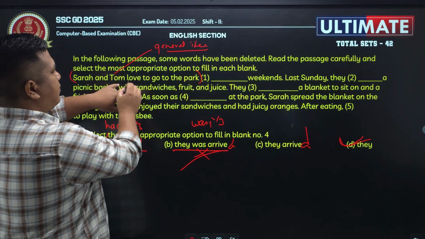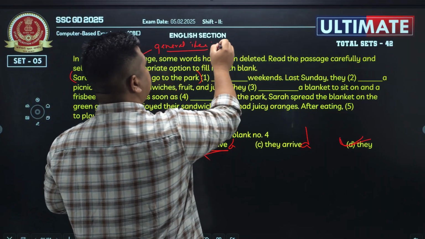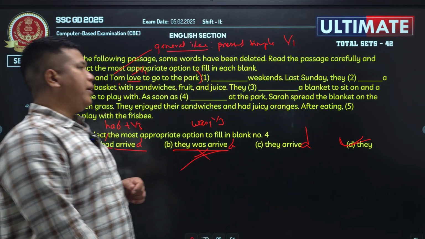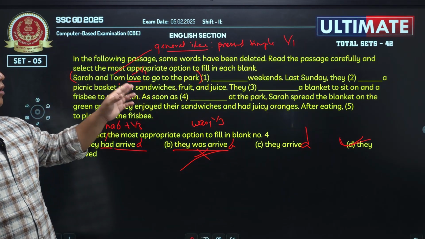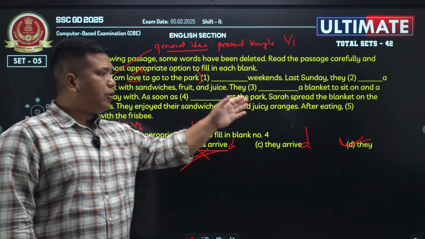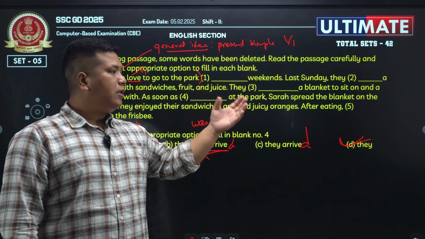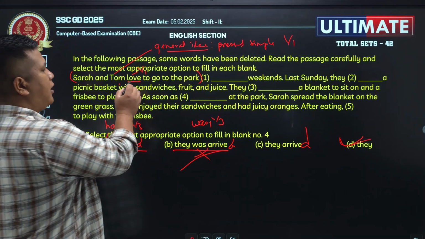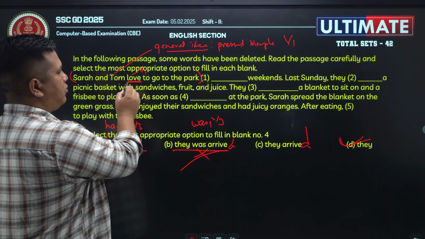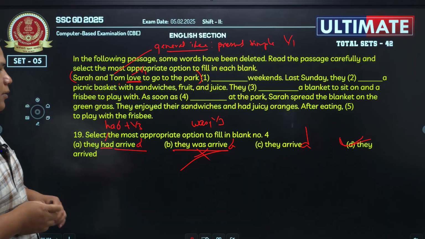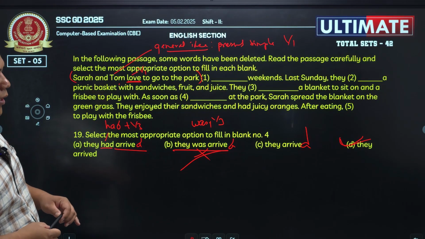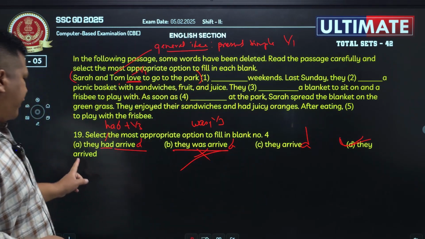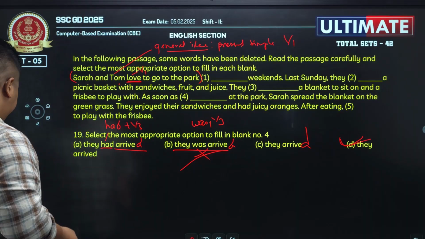So present simple, V1. A picnic is a very general thing, so present simple is used for general actions. But this action, they arrived, happened only one time, one incident, so it is past tense: they arrived.